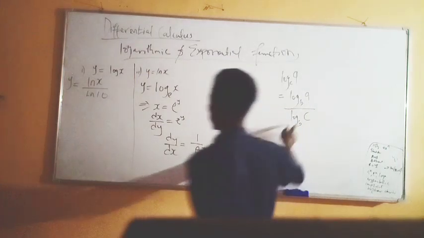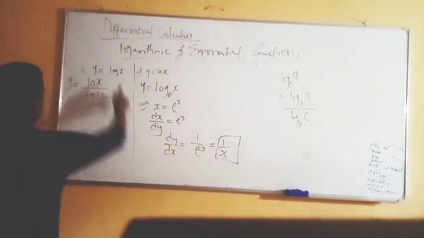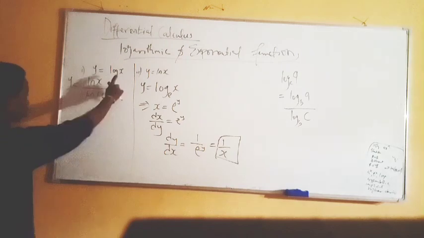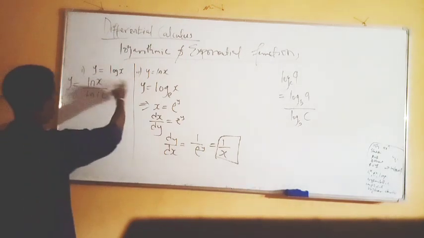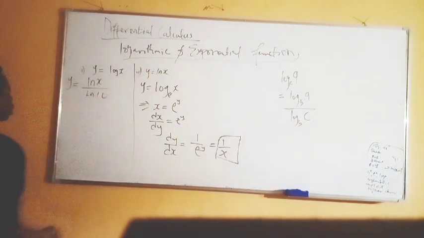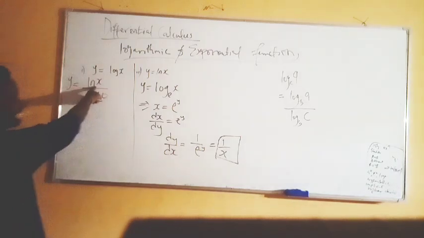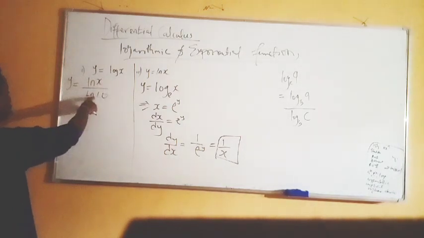That's what this means. So in this case, our base is 10. So log x to the base of 10 is the same as log x to the base of e over log 10 to the base of e.